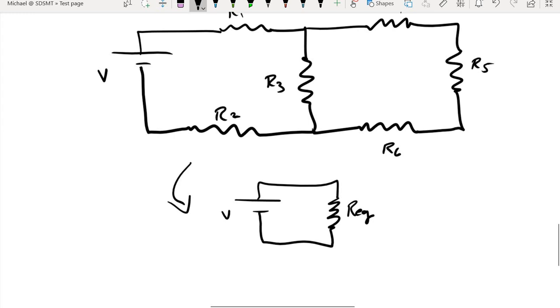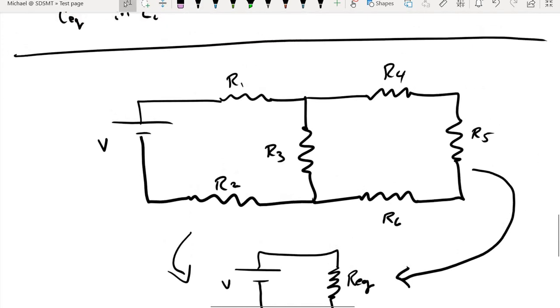And the answer is yes. The trick is, how do we get from this diagram to this one? Because not everything in this circuit is connected just in series or just in parallel. There seems to be a combination of the two.